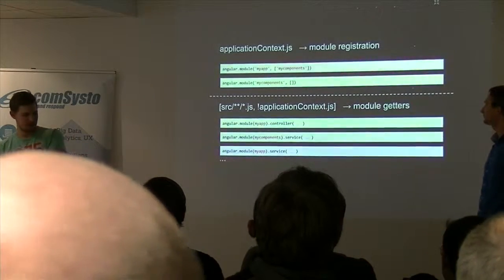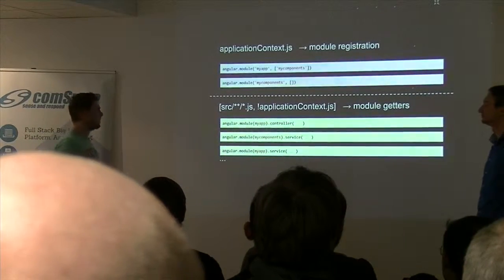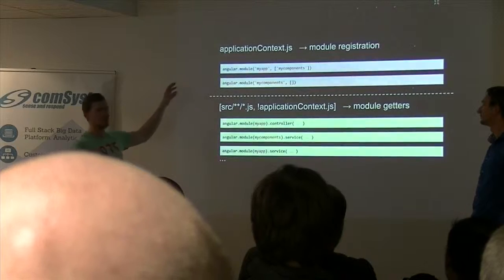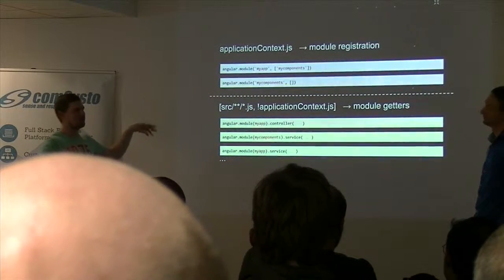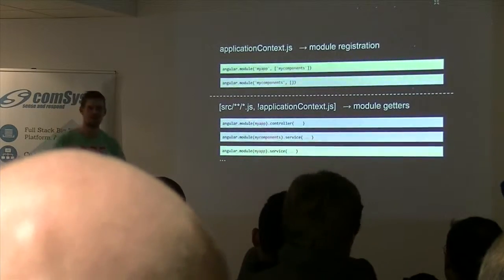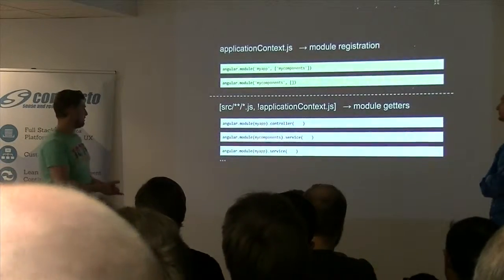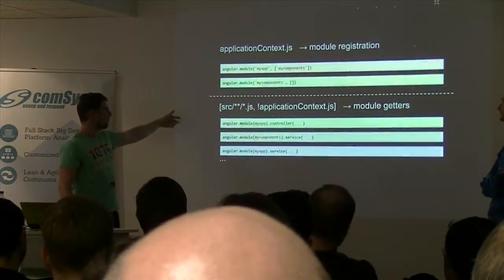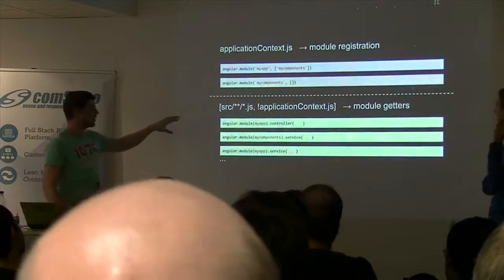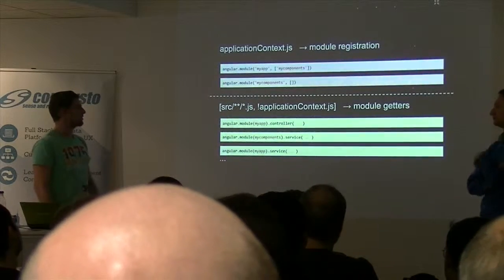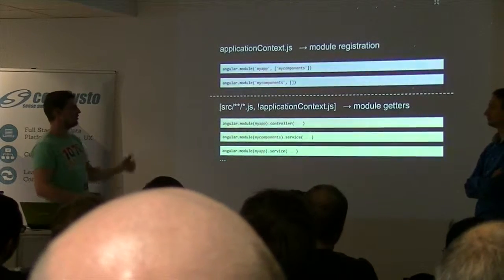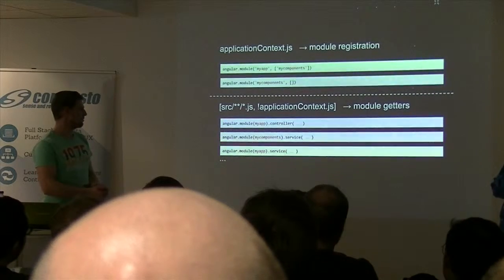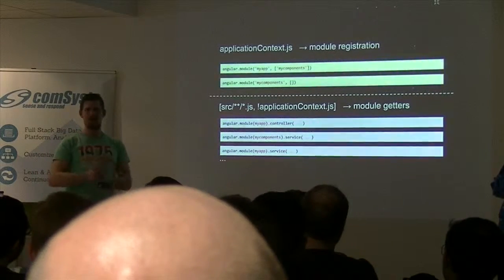So a possible pattern could be that I have my applicationContext.js where I put all the module definitions and registrations, and after it I can just load all JavaScript files except the applicationContext.js. So in that loading order, you just don't care about the loading order.